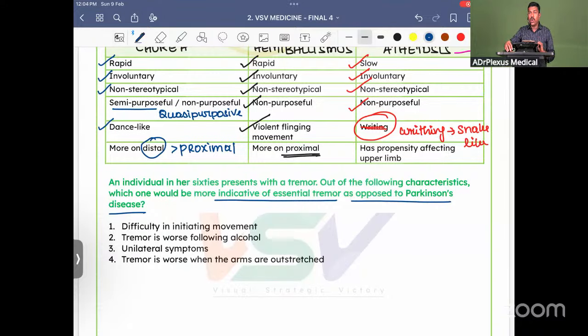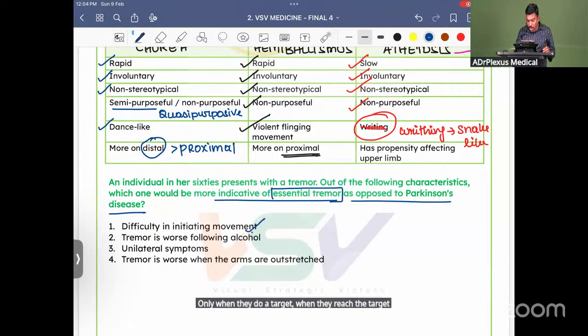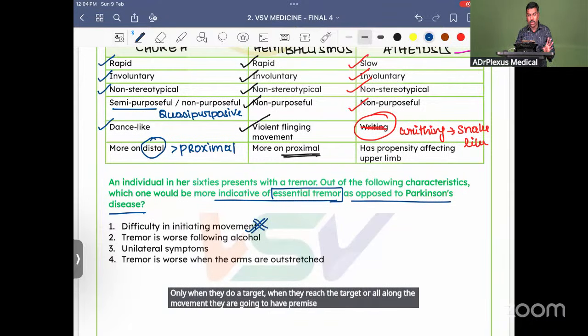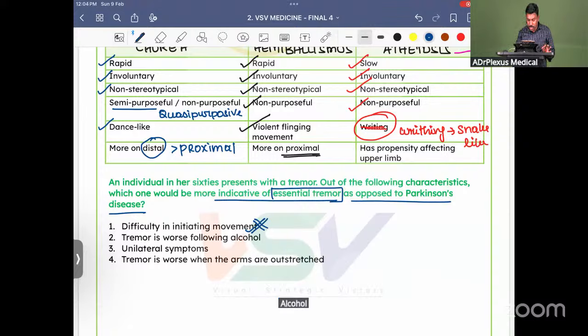With essential tremor, at rest there is no tremor. Only when they reach a target, or all along the movement, do they have tremors. So this is ruled out. Alcohol improves the tremor, so this is ruled out.